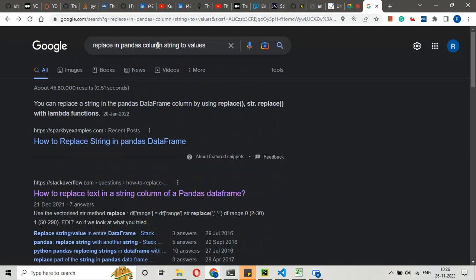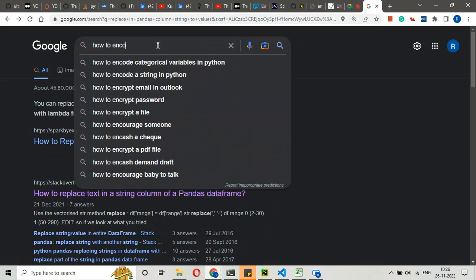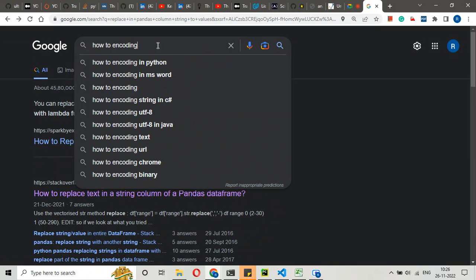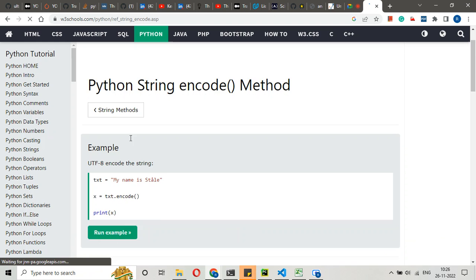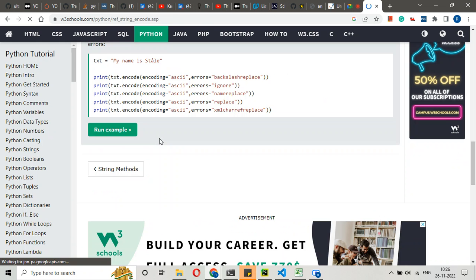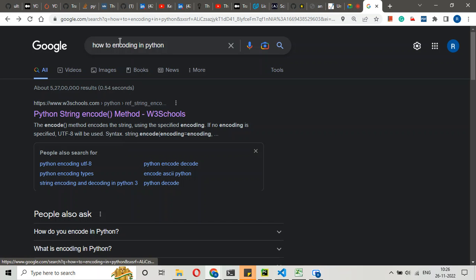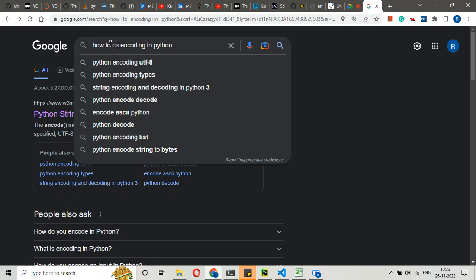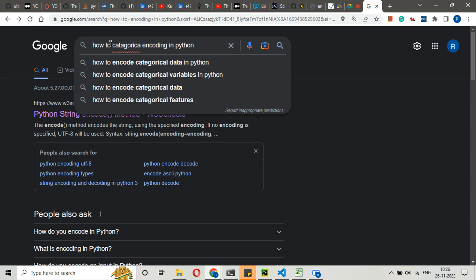The other way is to search how to do encoding. This is a different encoding. No, not this one. Categorical encoding. Yeah.